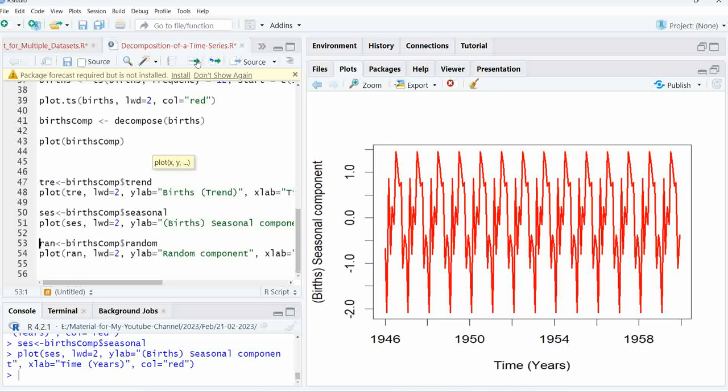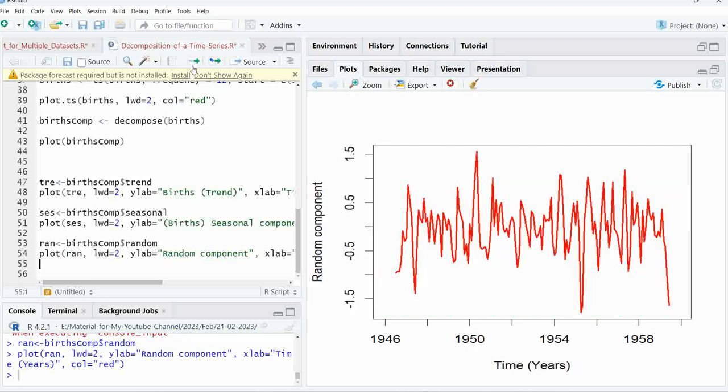Now you can separate the random component. So let's run it again. This is the random component for this data, which is very small. Minus 1.5 to 1.5 is the range, but it is almost close to zero. The average value can be close to zero.